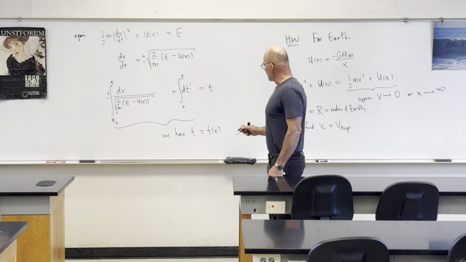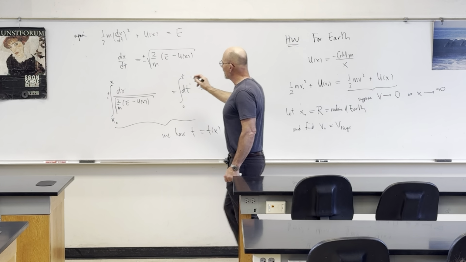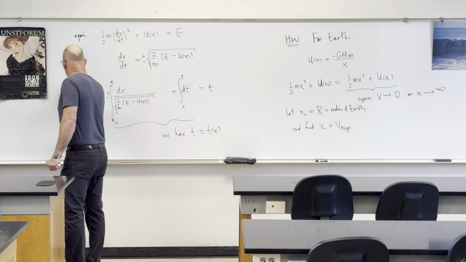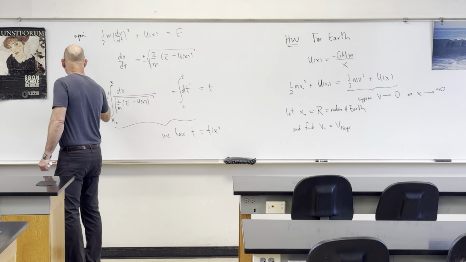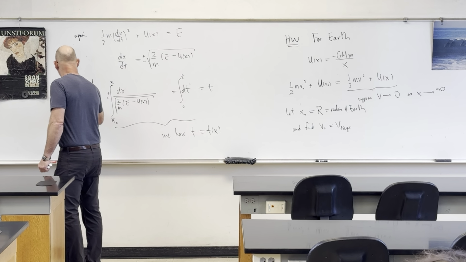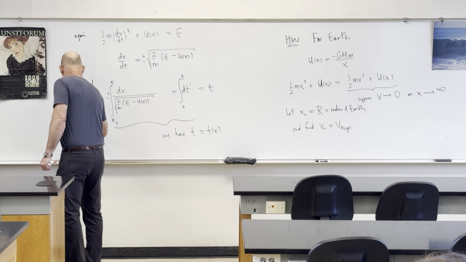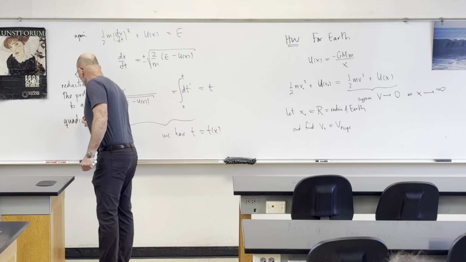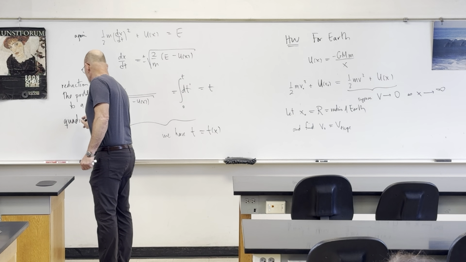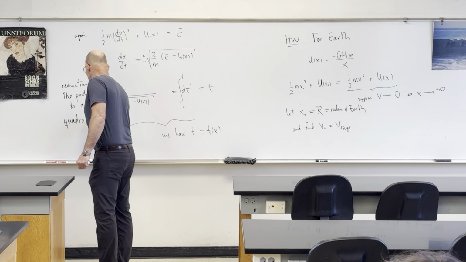So this is referred to as reduction of the problem to a quadrature. So just so you've seen this word, a quadrature, and that's just the traditional word for integral really.